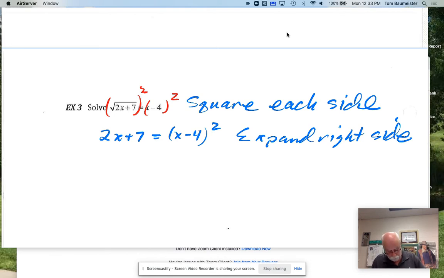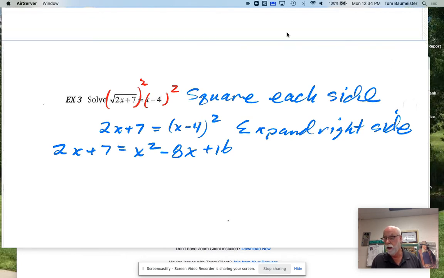But if I FOIL it and work it out, I should get x squared plus 8x plus 16. I know a lot of people are going to give me the answer x squared plus 16. That's not the case. FOIL it. Don't forget to FOIL.